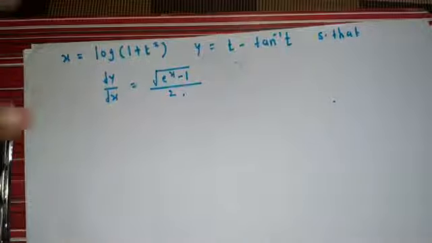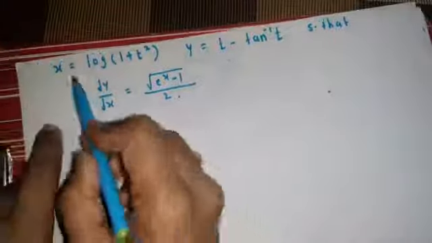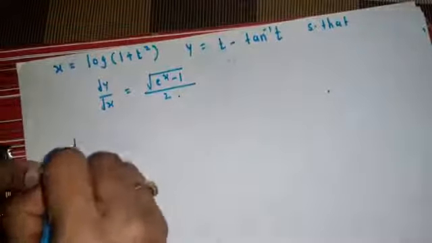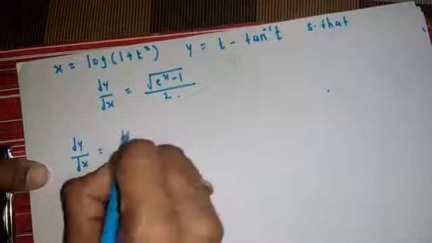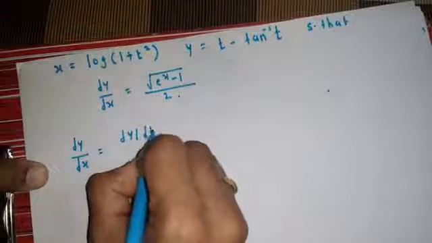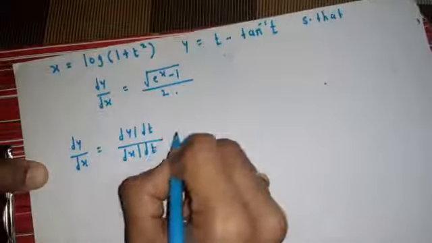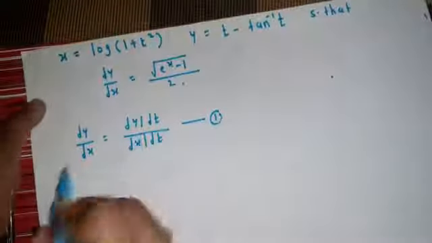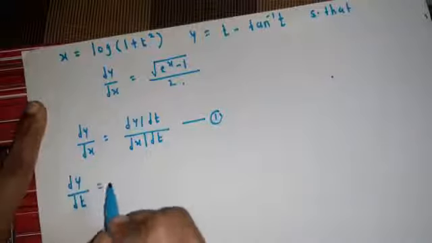Okay students, so here again x is a function of t and y is a function of t, and therefore dy by dx equal to dy by dt upon dx by dt. This is one. Now let us find dy by dt, that is differentiation of y with respect to t.